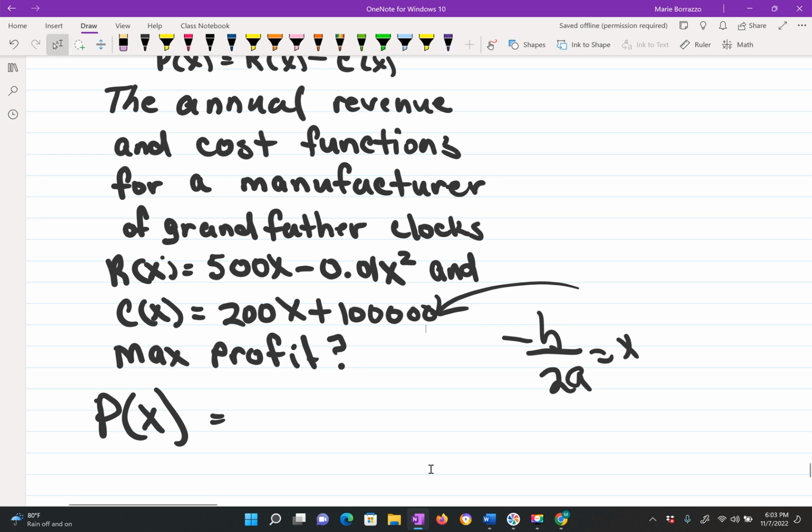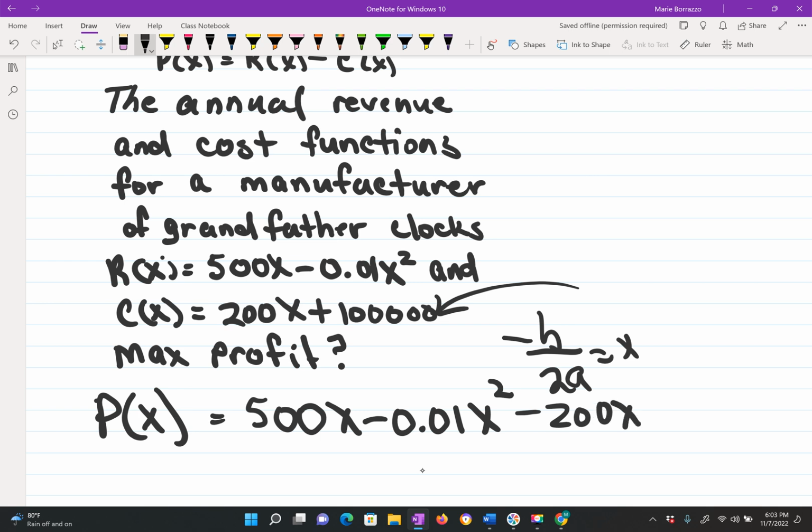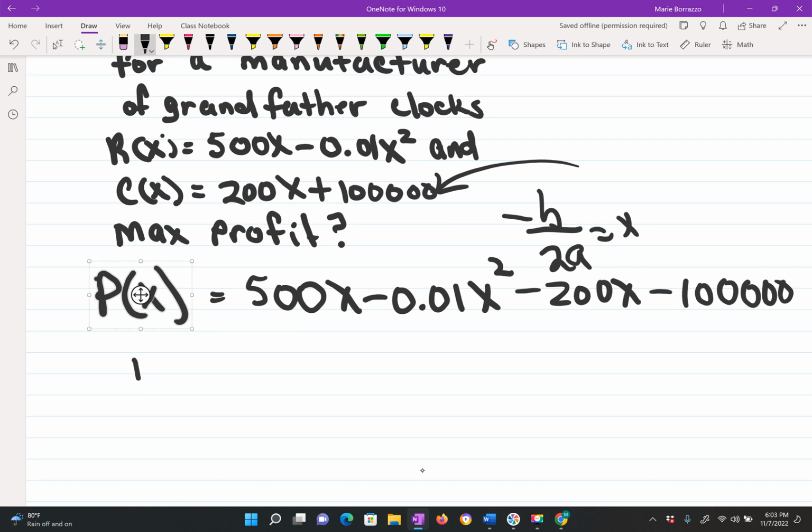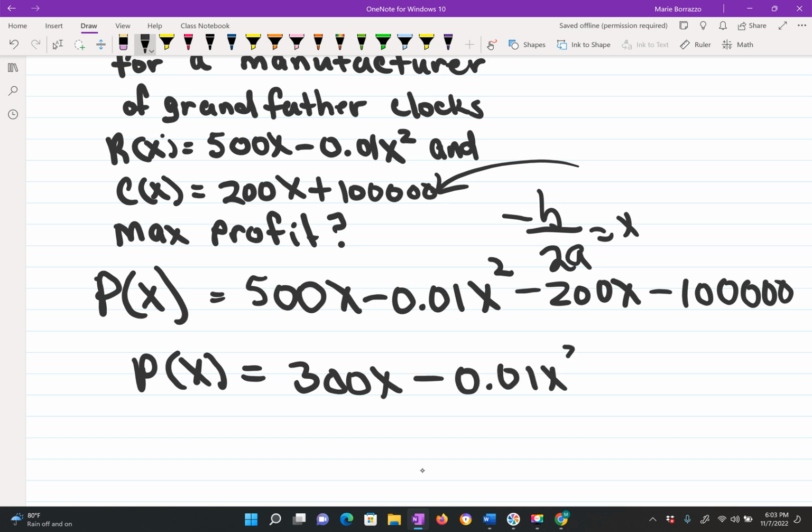So this P of x formula is going to simplify because I get 500x minus 0.01x squared minus 200x, because remember you're going to subtract both of these, minus 100,000, which simplifies. You get P of x is equal to 300x minus 0.01x squared minus 100,000.